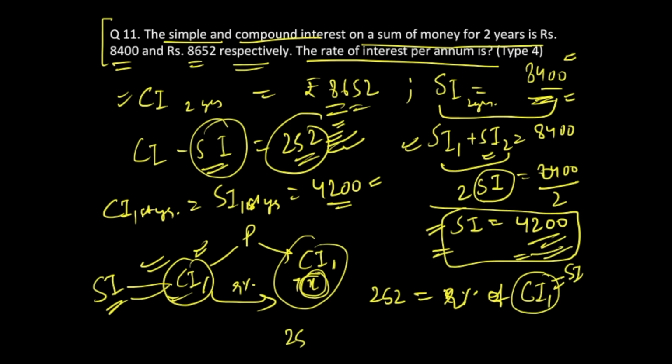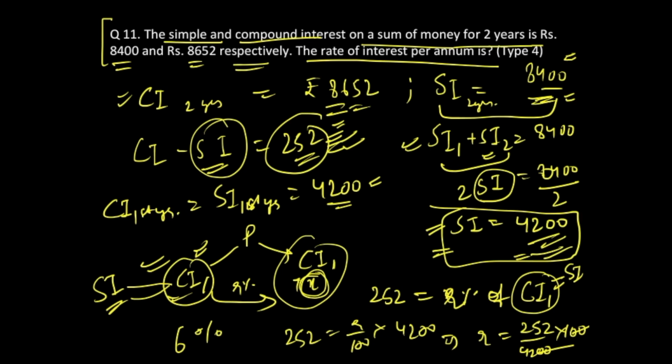So 252 is R percentage of 4,200. If you solve it, you're going to get R equal to 252 by 4200 into 100. These zeros get cancelled out and you get your final answer as 6%, right?